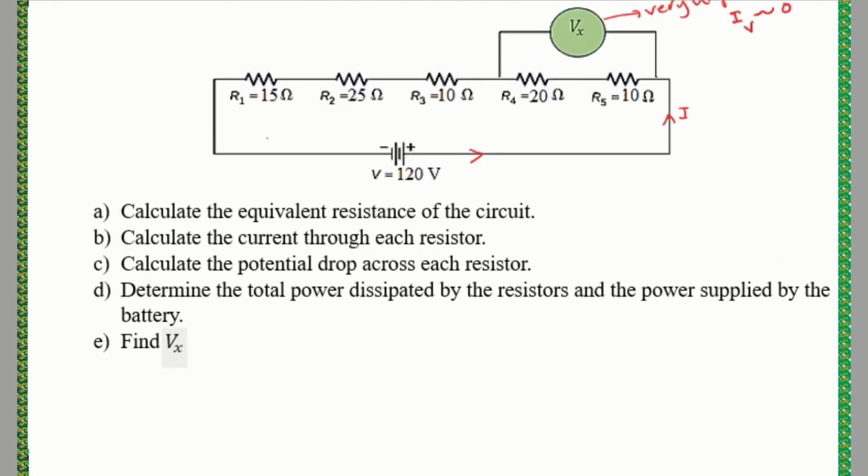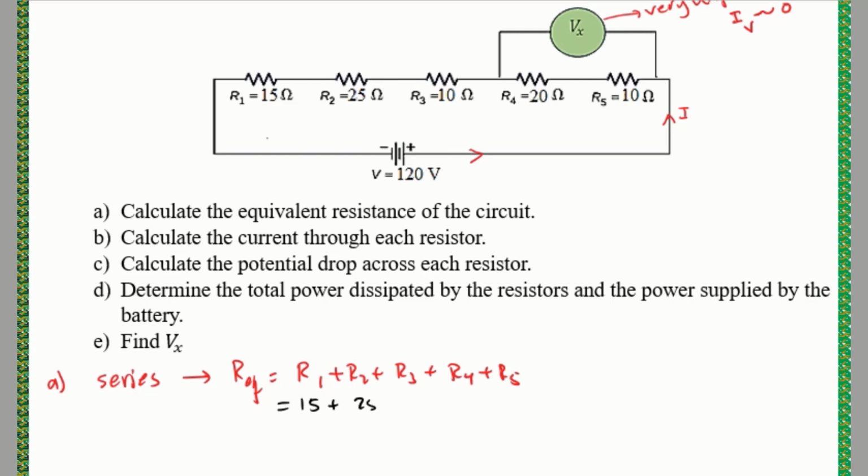Now, it is a series, so to find the equivalent resistance, R equivalent equals R1 plus R2 plus R3, R4 plus R5. R1 15, R2 25, we have 40, R3 10, it is 50, then 20, 70, then 10, it is 80 ohms.